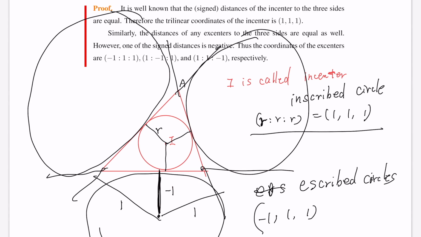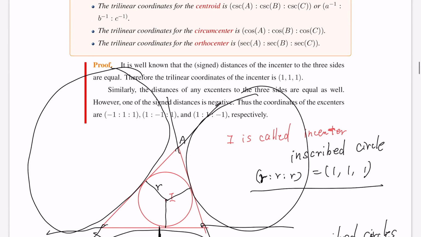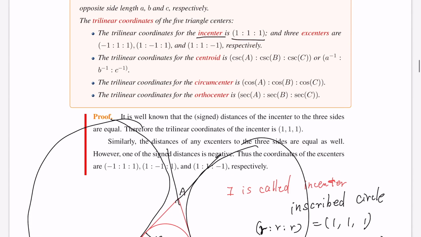And the other two would be 1, -1, 1 or 1, 1, -1. So basically we find our first non-trivial trilinear coordinates for a special point of the triangle. The trilinear coordinates for the incenter are 1 1 1, and the excenters will be one -1 and the other two +1.